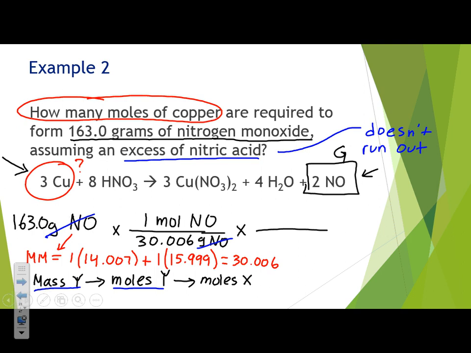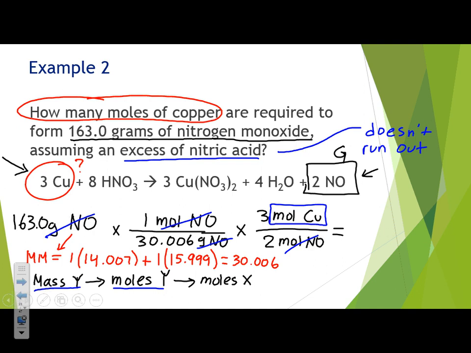So this tells us for every 2 moles of nitrogen monoxide, we have 3 moles of copper. Again, after canceling out, now we are left with moles of copper, exactly what we were looking for.